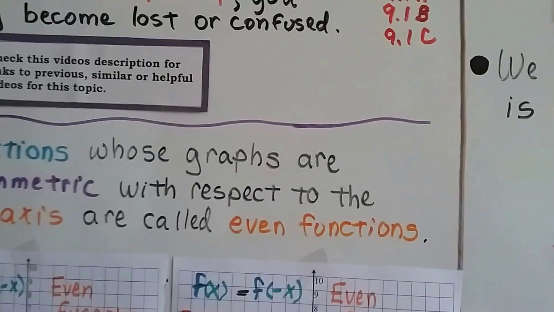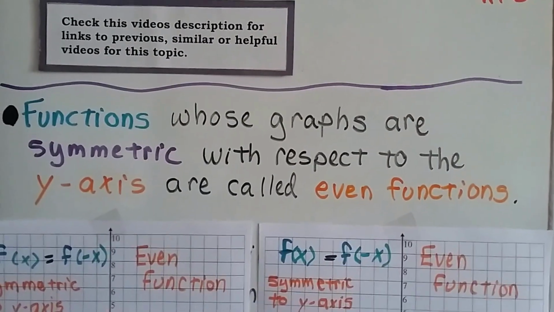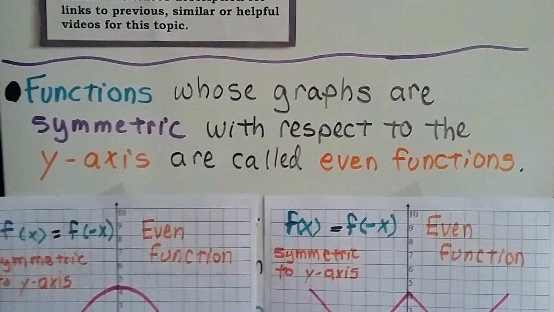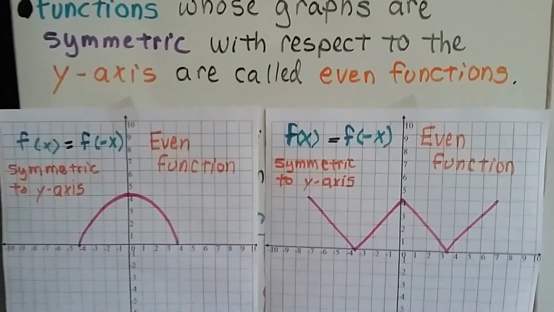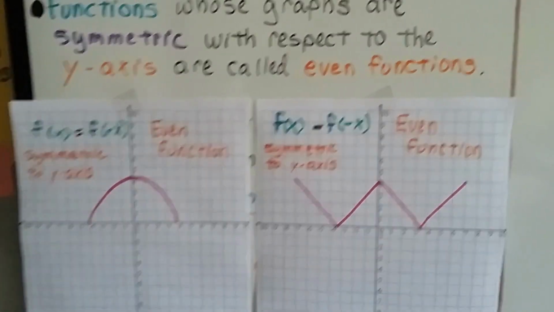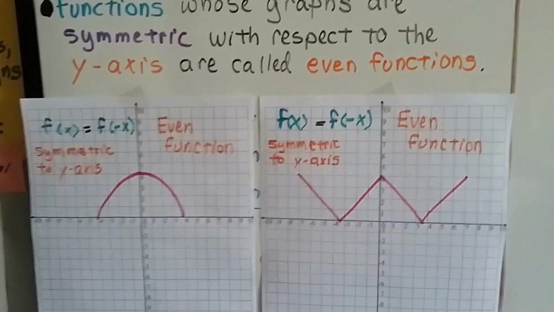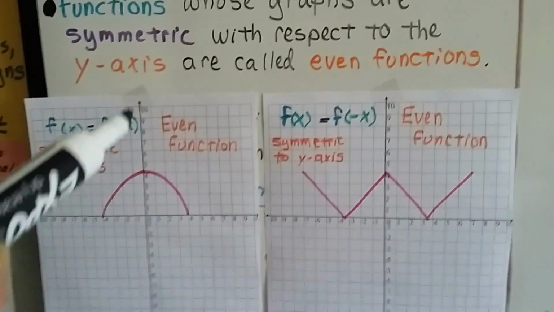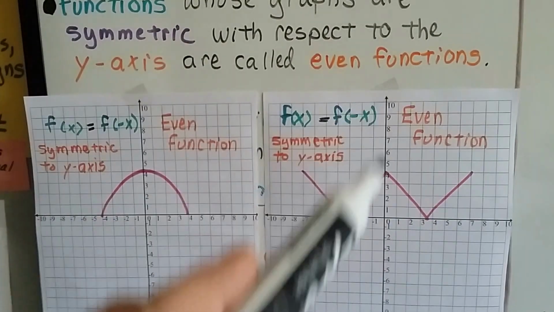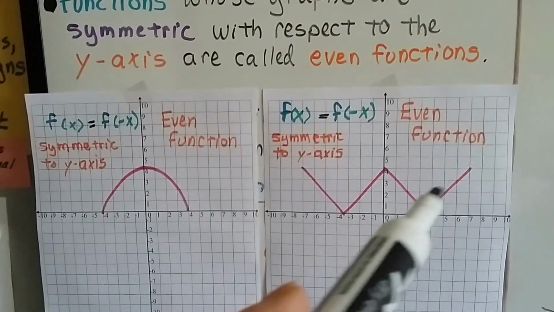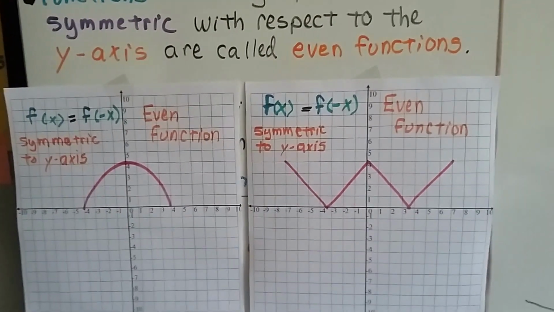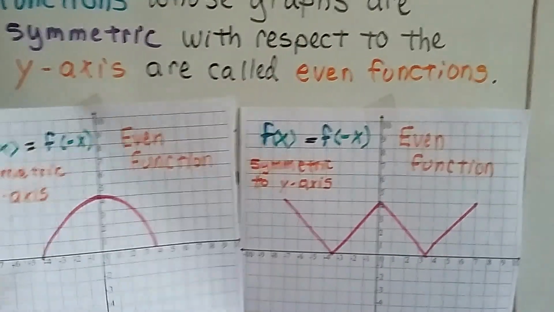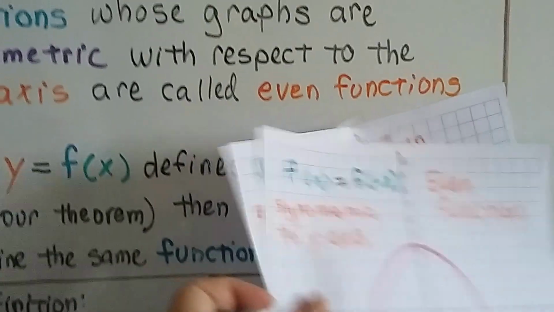The functions whose graphs are symmetric with respect to the y-axis are called even functions. So take a look at these 2 graphs. Are they symmetric with respect to the y-axis? Yeah, they are. See, we have our y-axis here, and these are symmetric to the y-axis, aren't they? So we know these are even functions, okay? Let me remove these so we can continue.